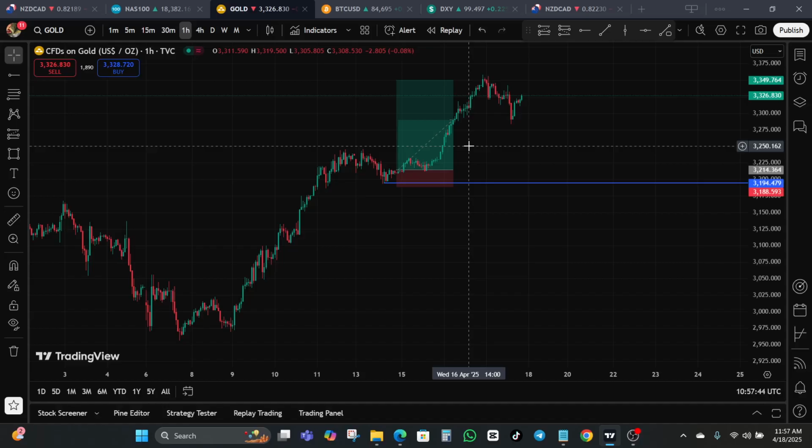Low volatility kills scalping efficiency. So you want to focus on periods when volatility is high, periods when opportunities are going to be showing up frequently.